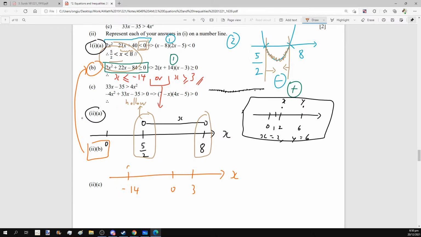Hence, we will not just use a hollow dot and draw the lines. We will actually use a legitimate full dot, a shaded dot, to tell them that, okay, I'm ending at negative 14, but I include negative 14 as well.